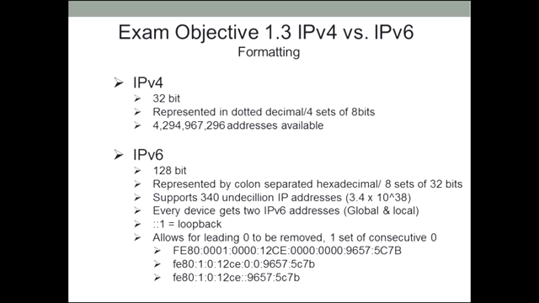So now let's talk about the difference between IP and IPv6. As I mentioned earlier, IP is 32 bits. It's represented in dotted decimal, 4 sets of 8 bits. And there are 4,294,967,296 individual addresses available using IPv4.